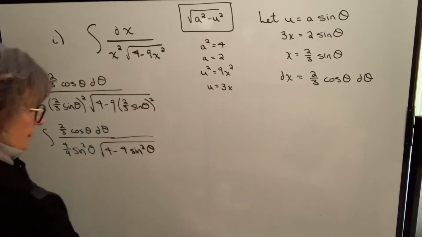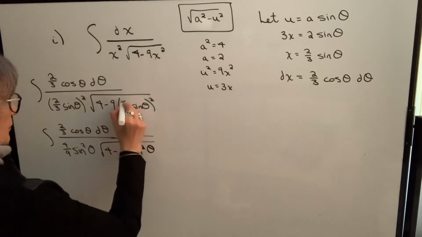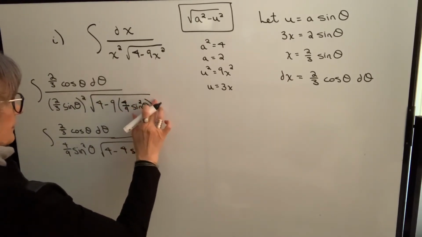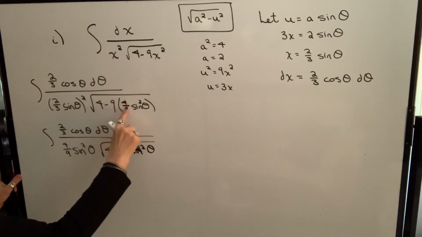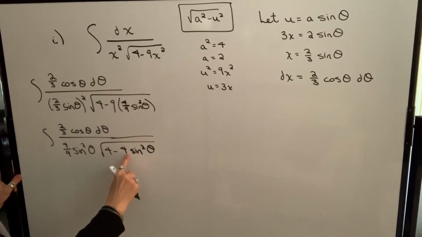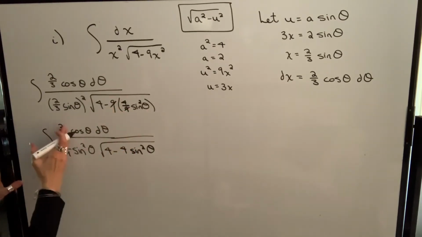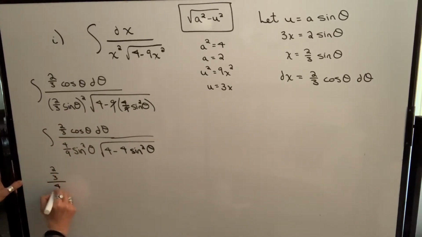When I square this, it becomes 4/9. So 9 times 4/9 will just be 4. The 9s will cancel. Now I'm going to pull out these coefficients. So I'll have 2/3 divided by 4/9.